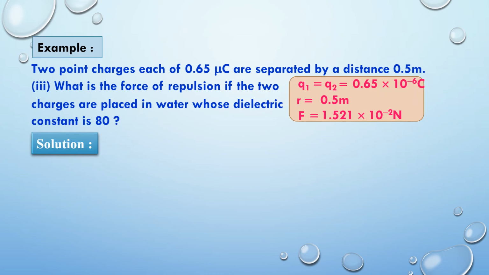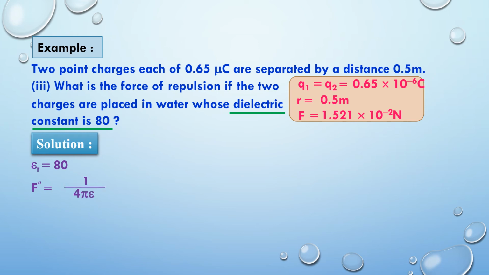Going to the third part, we have to now find what is the force of repulsion if the two charges are placed in water whose dielectric constant is 80. Since the dielectric constant is given as 80, I can write epsilon R is equal to 80, that is relative permittivity, which is 80.